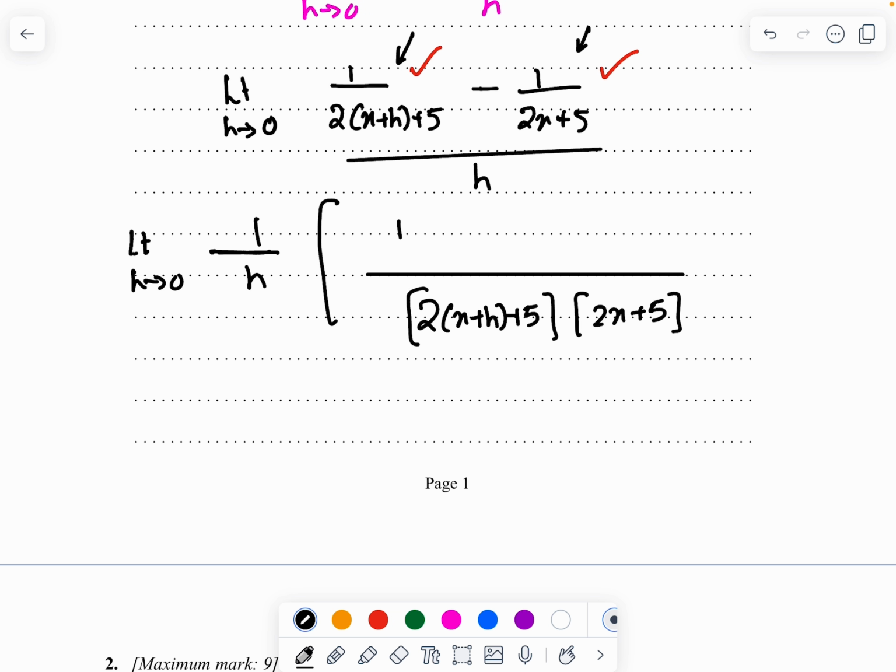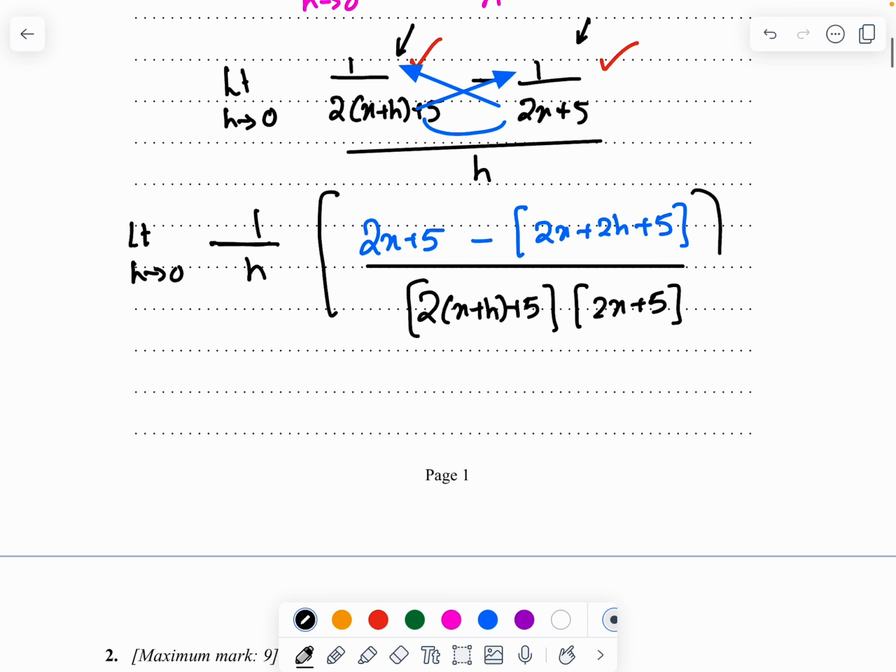Multiply both the denominators, that becomes a common denominator, then do the cross multiplication. So that becomes 2x plus 5, then minus this, also do the cross multiplication. Let me draw an arrow over there, so it becomes minus of 2x plus 2h plus 5.